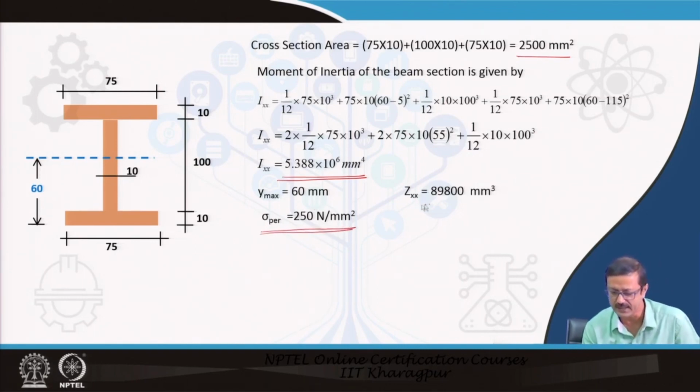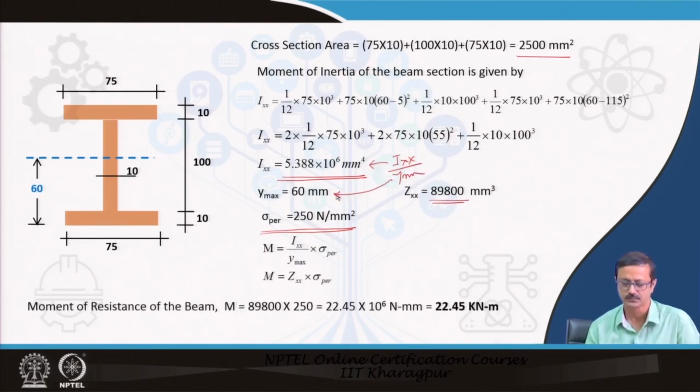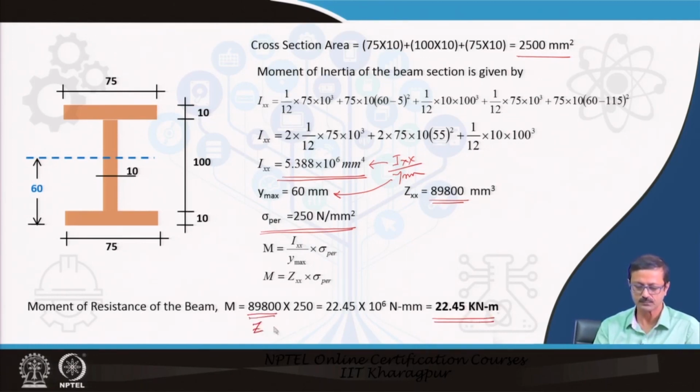So Z is 89800, which comes from Ixx by y max. The moment of resistance of the beam is 24.45 kilonewton meter, because it is Z into sigma permissible. That means this much amount of moment can be resisted.